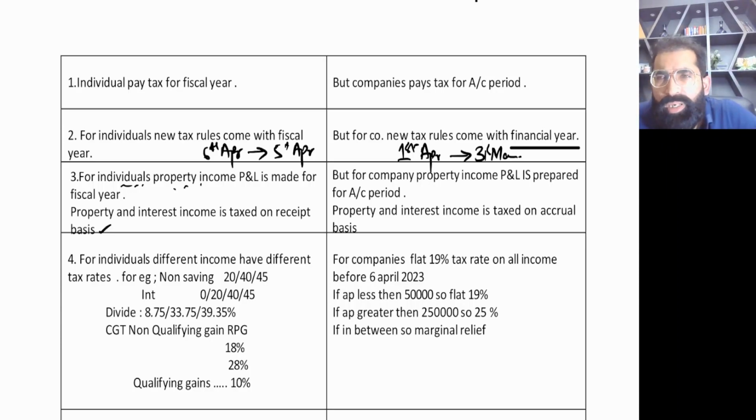Almost all PNLs of individuals except trading income are made for the fiscal year. And property income and interest income is taxed on receipt basis for individuals. But for companies, the property income PNL is prepared for the accounting period. And property income and interest income is taxed on accrual basis for companies.